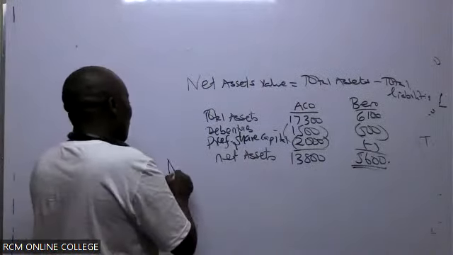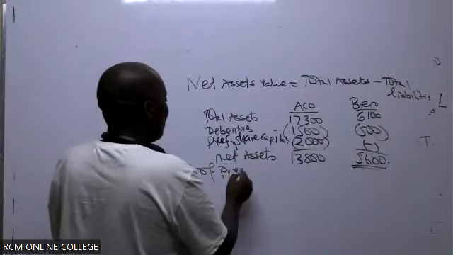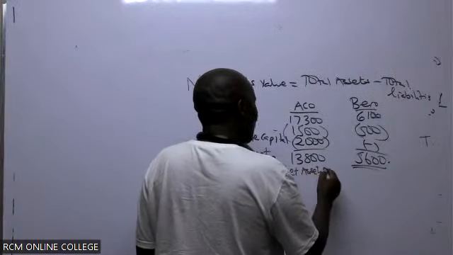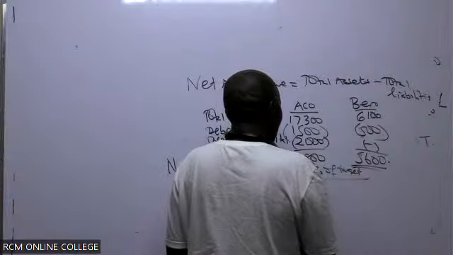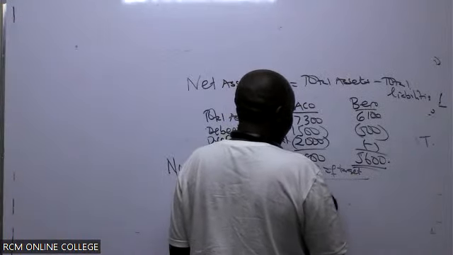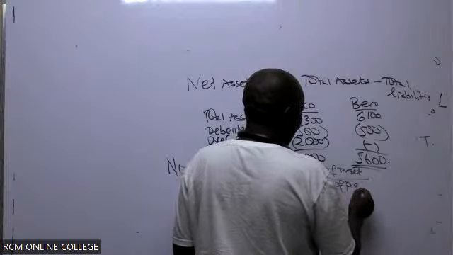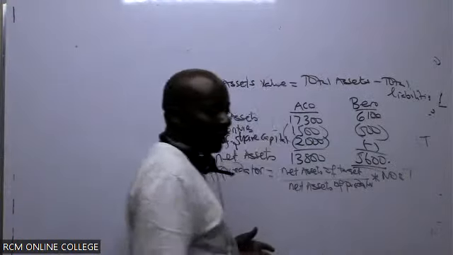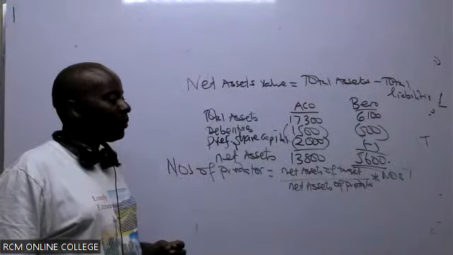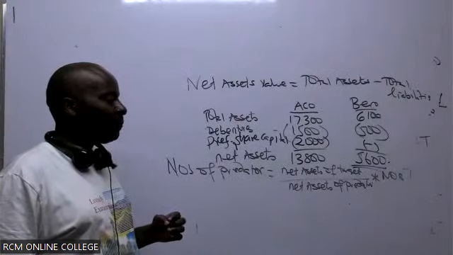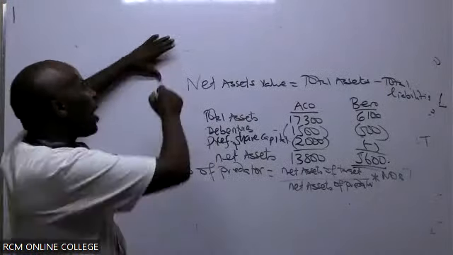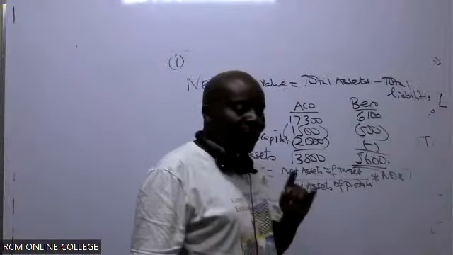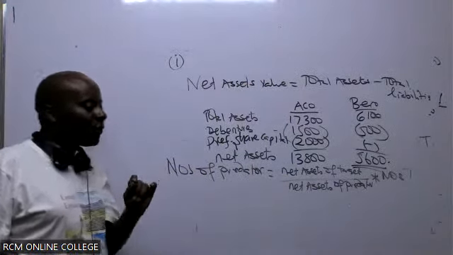So the number of ordinary shares of the predator using the net asset basis shall be net assets of the target, all over net assets of the predator, times, in this case, NOS T. Because for Roman 1 here, they have told us to use the net assets value basis.